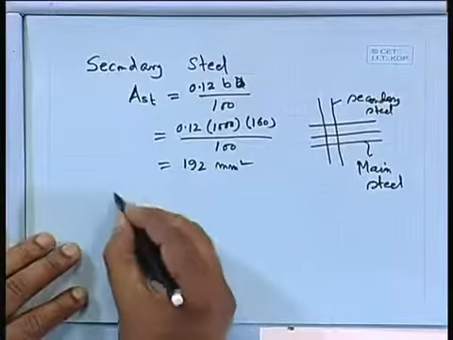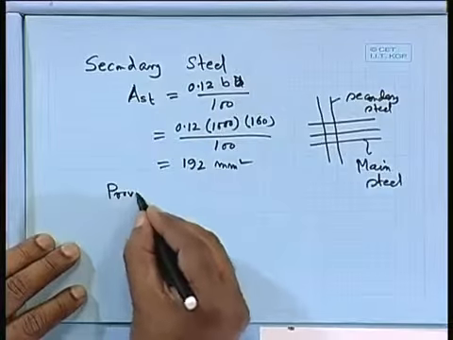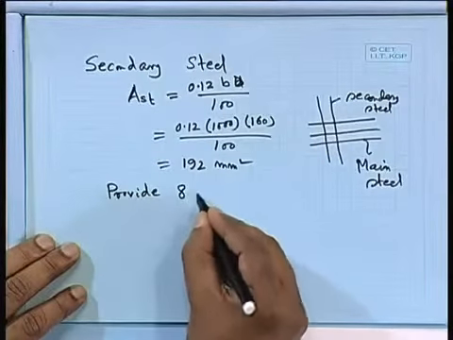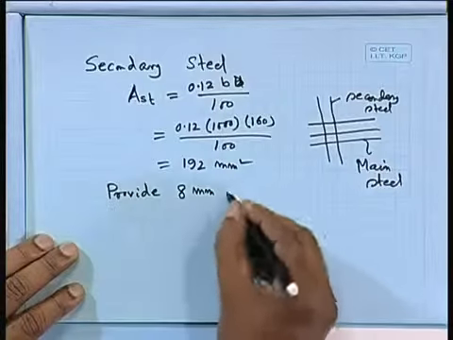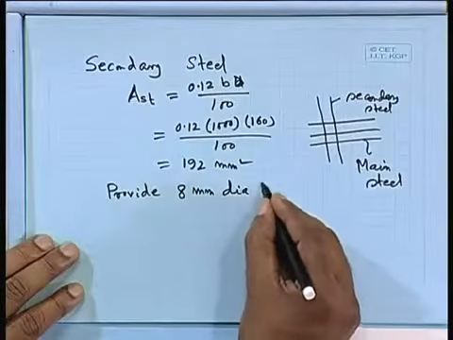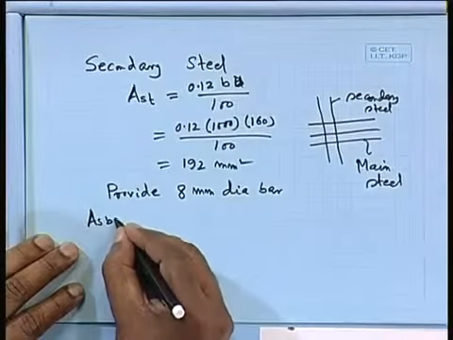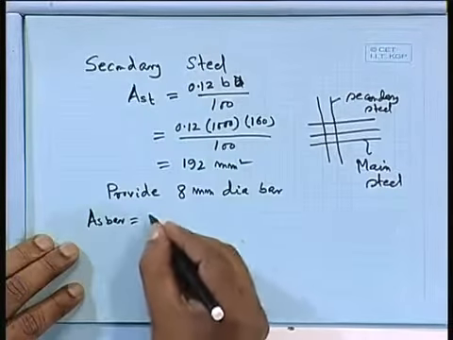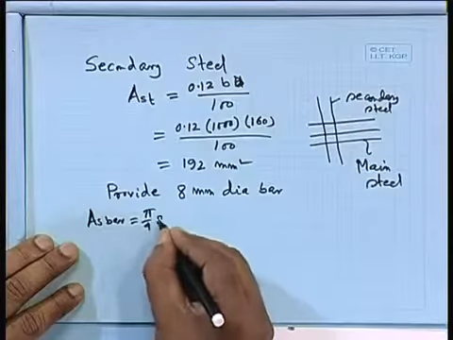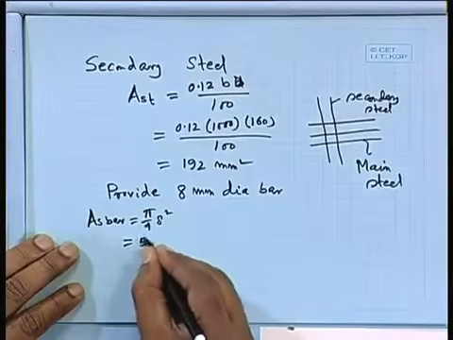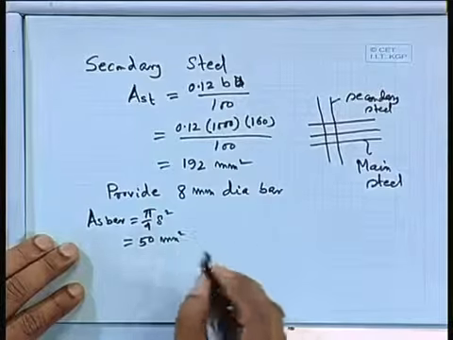If we provide 8 millimeter diameter bar, the area of bar comes as 50 square millimeter.